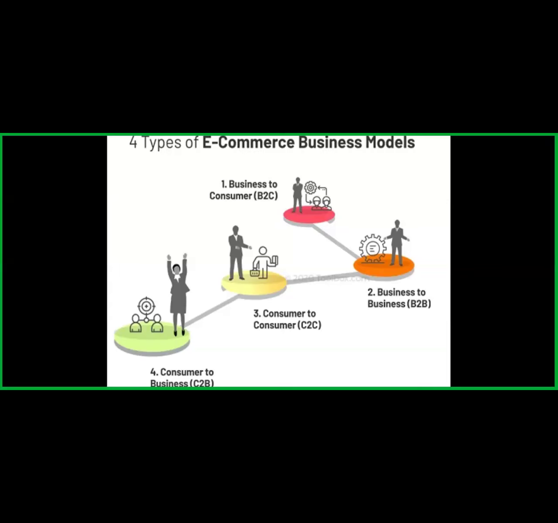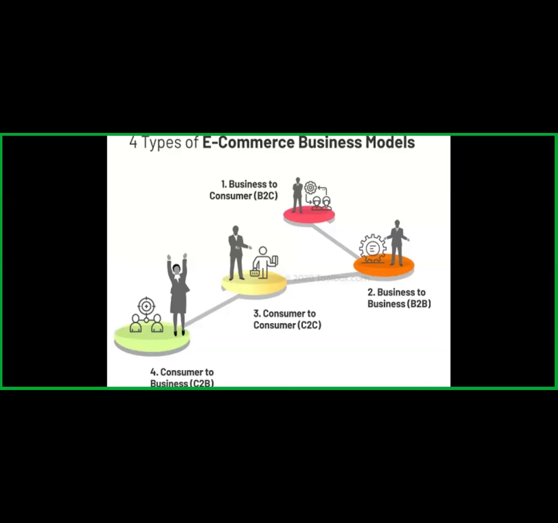Now, these products you are purchasing for reselling these products or selling these products at your particular shop, through your particular business. You are not purchasing it for your consumption, for your use, but you are purchasing it so that you can sell it to another party and you can earn profit, right? So that is business to business.